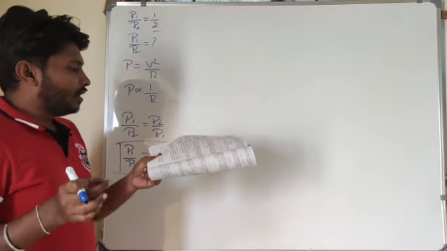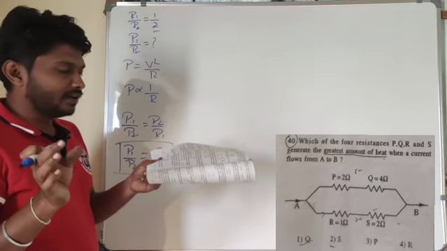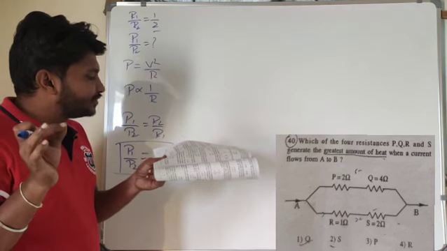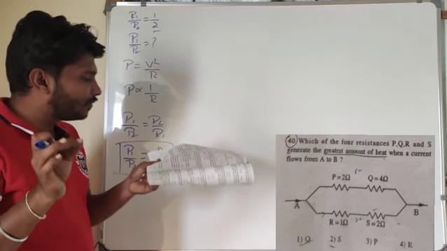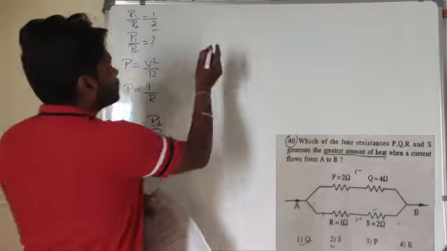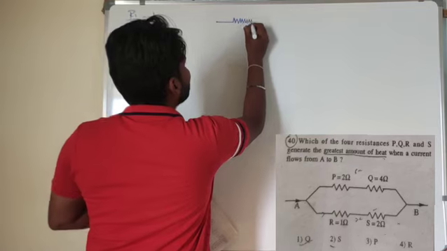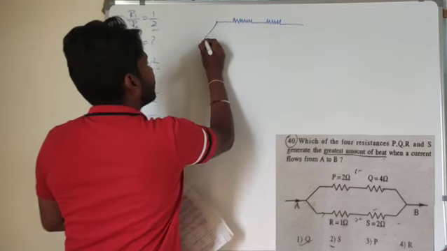Next one. Which of the four resistances P, Q, R and S, in the given circuit here, generates the greatest amount of heat when the current flows from A to B? They mention four resistances in this order.